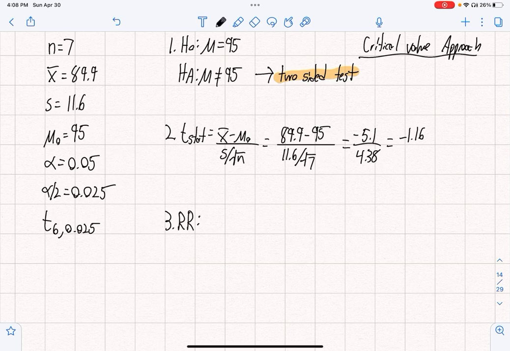0.025. So we will reject if t-stat is either less than negative t 6, 0.025, or if t-stat is bigger than t 6, 0.025.